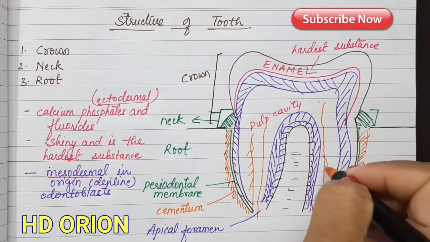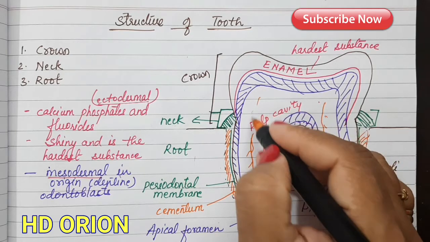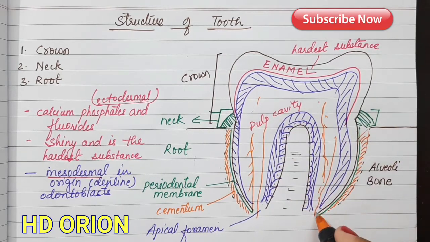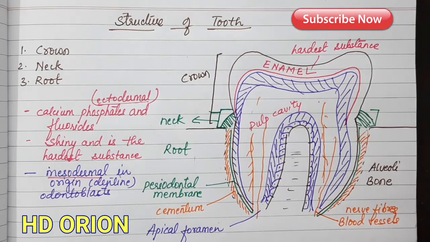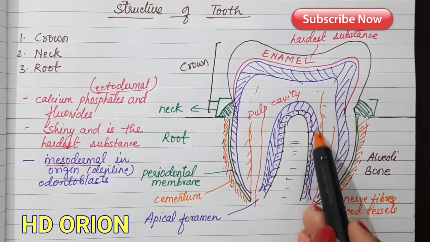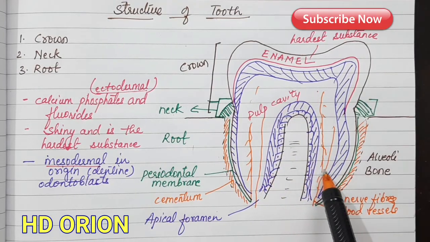Here are the blood vessels, the nerve fibers, everything, the connective tissue, that is all present over here. So blood vessels and nerve fibers are present in the pulp cavity. This is the innermost part of the crown region.